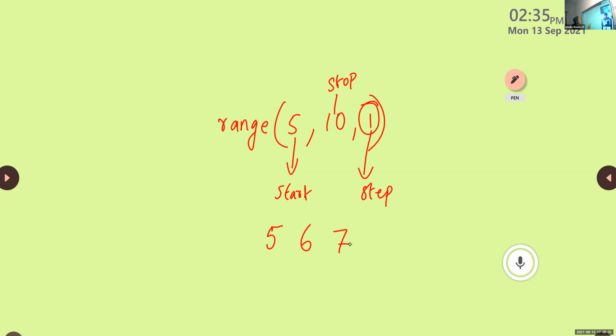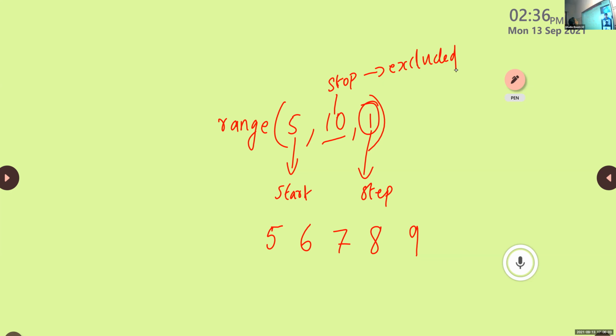Then 7 plus 1, next value is 8. 8 plus 1, next value is 9. After that, 9 plus 1, 10 is the next value. But before writing the content, you check which is the stop value. Here 10 is the stop value. So we can't include this stop value in the result. Stop value is excluded, not included in the result.